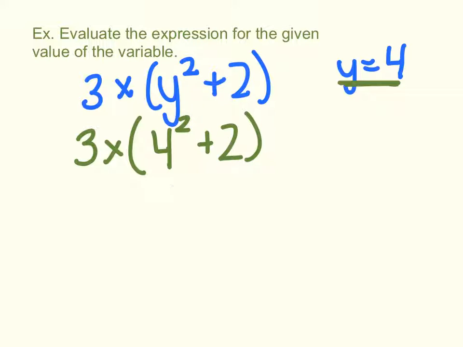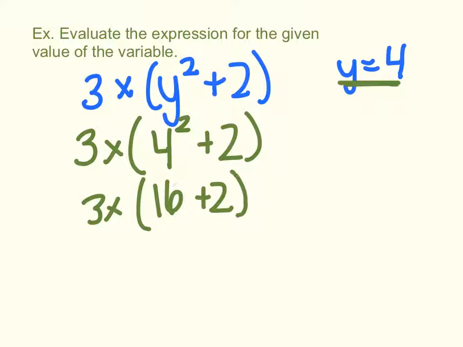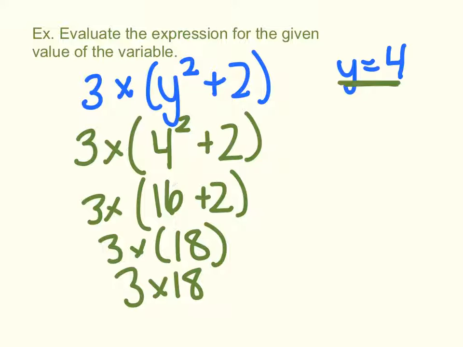Do my parentheses first. Inside of my parentheses, I have an exponent. Remember, I'm doing 4 squared, which is 4 times itself, which is 16. Plus 2, 16 plus 2 is 18. So then I have 3 times 18, which equals 54.